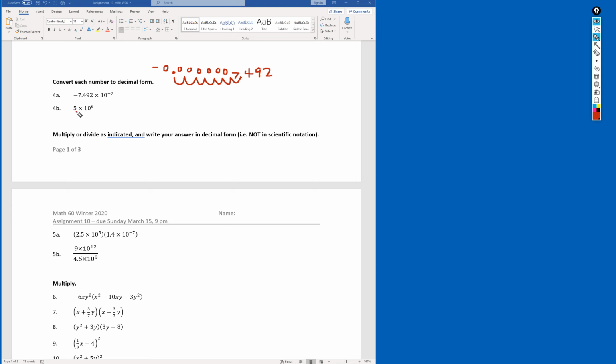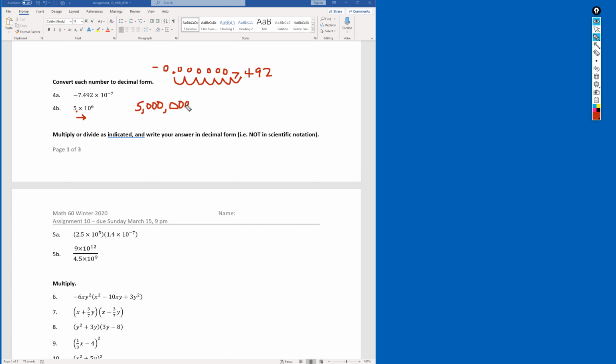This one, you put the decimal point here. It's a big number, so you're going to be moving this way 6 times, which means you're adding 6 zeros. So the final number is actually 5 million. And, you know, it never hurts on the really big numbers like this to add commas.